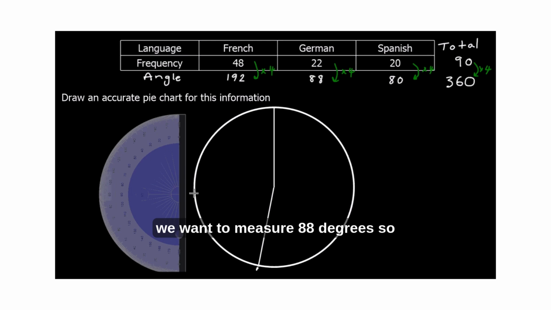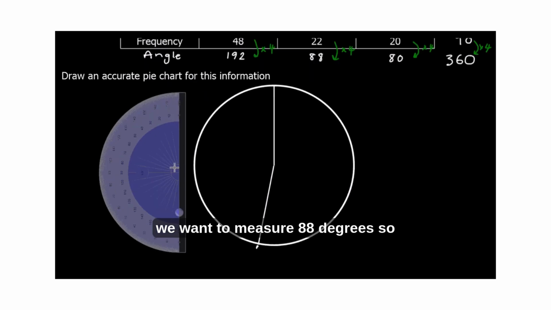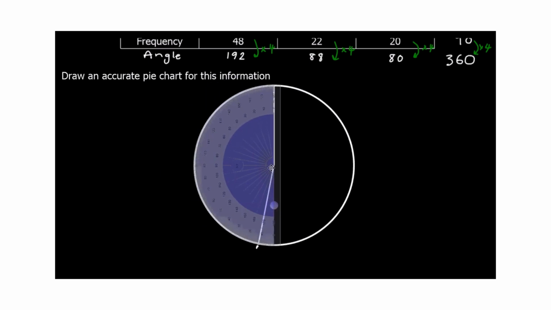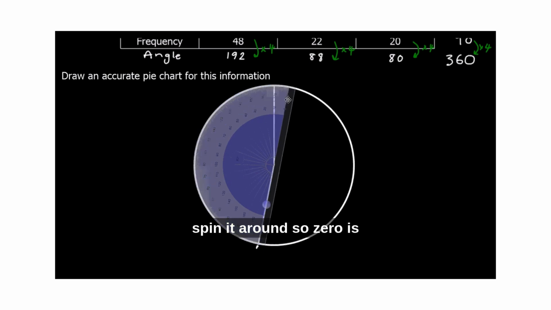Now we want to measure 88 degrees. So again, the protractor on the center. Spin it round so 0 is on the line. So 0 is lined up, and we want 88 degrees.